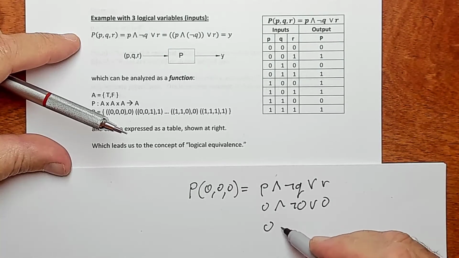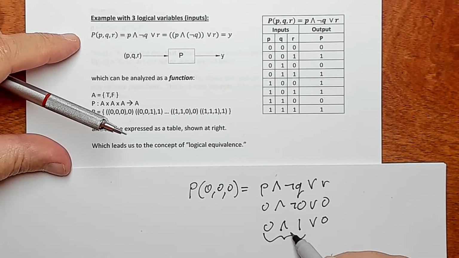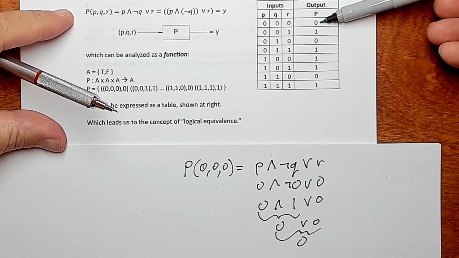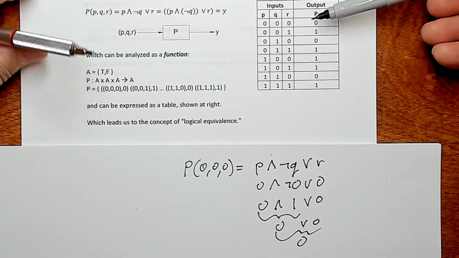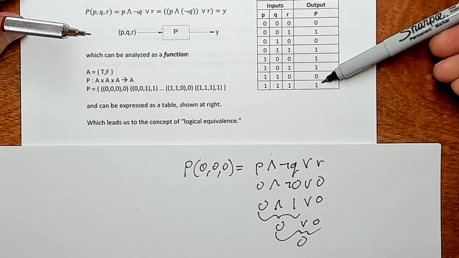So this becomes 0 and 1 when you do the not, or 0. And then we have to do this first because it's and. So we get a 0 and then or 0. So the answer is 0, which is the first row in the table. So you do that 7 more times, and you get all of these.